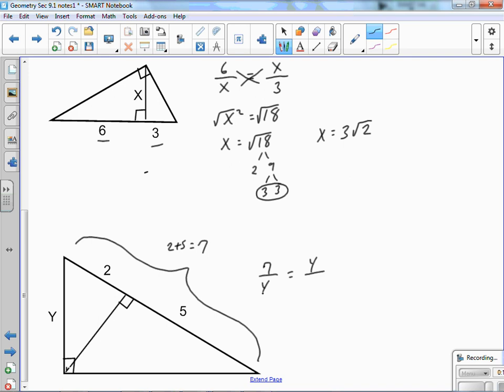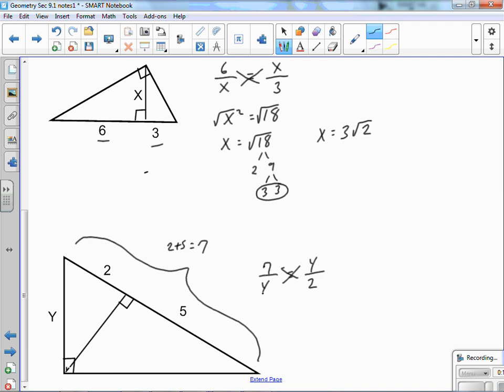So 7 is one of those terms. And the other term is the length of the segment attached to that leg. So our hypotenuse is divided into 2 segments, 2 and 5. And we use the one that is adjacent to the leg that we're looking at. So y is the leg we're looking at, 2 is the segment that's attached to it. So 2 is the other number that goes in there.